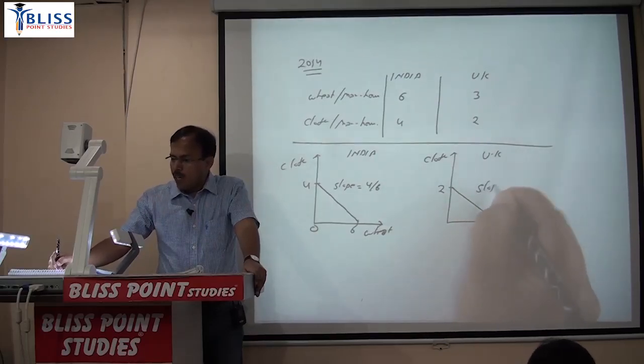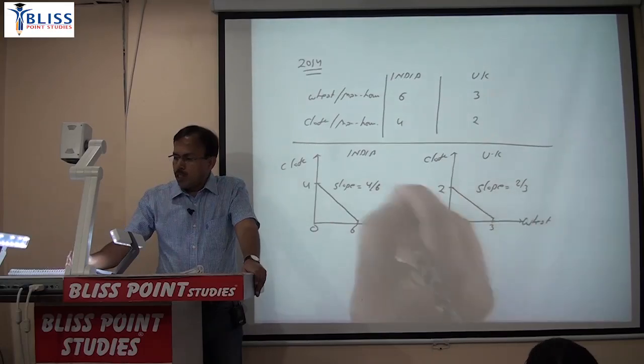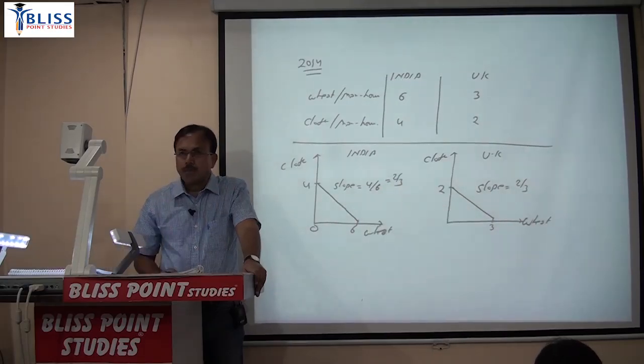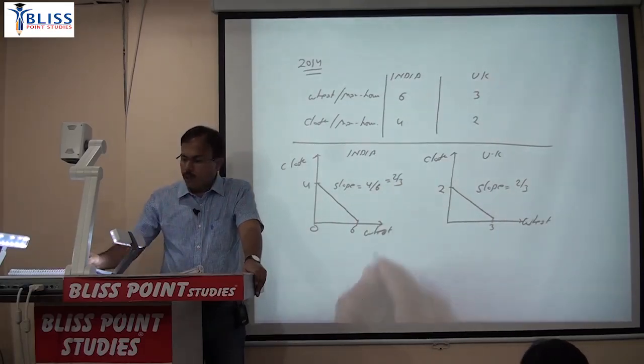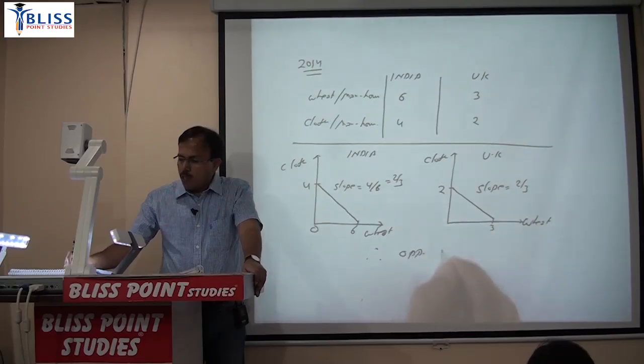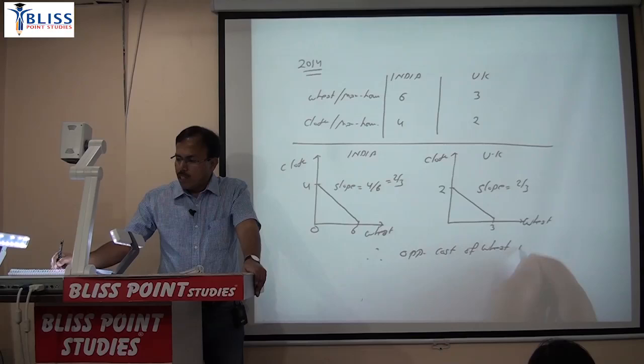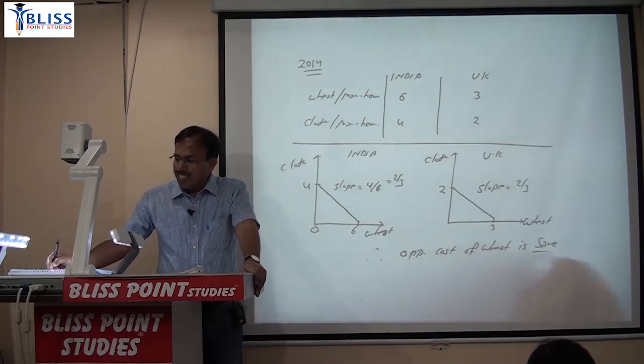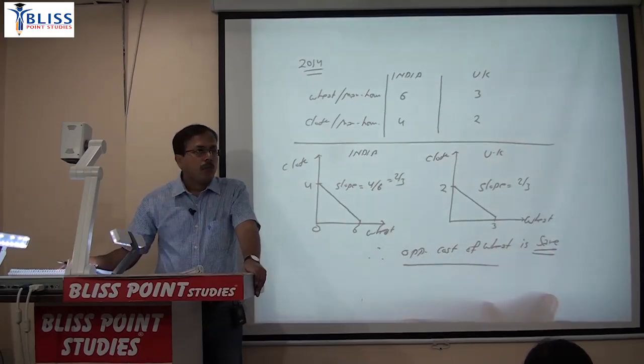So what is the slope of the line here? 2/3 here, this was also 2/3. Therefore opportunity cost of wheat is the same in both the countries.